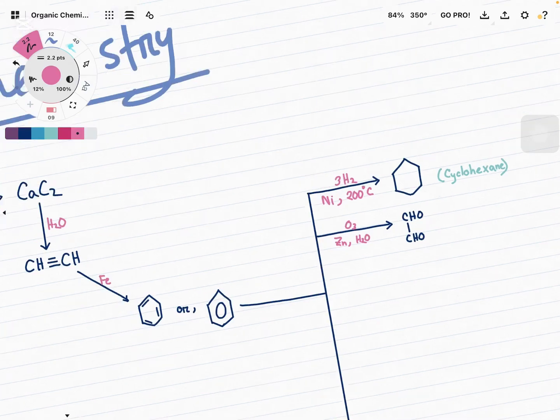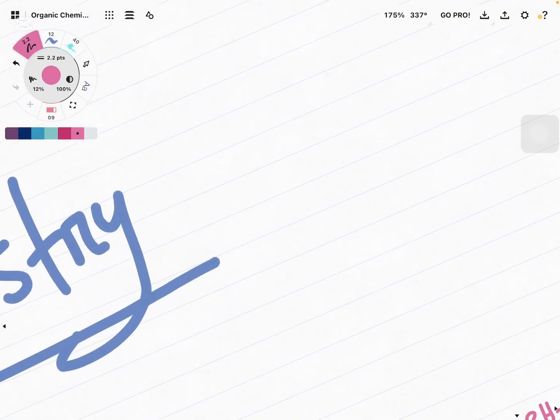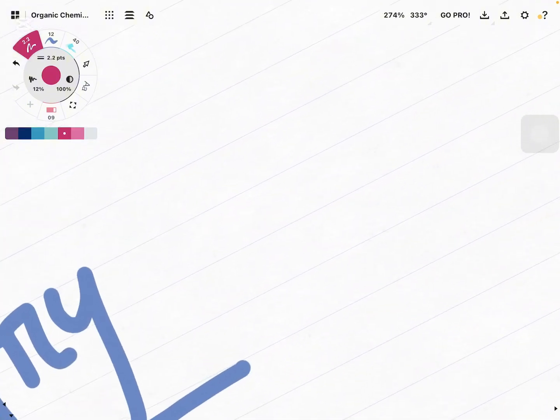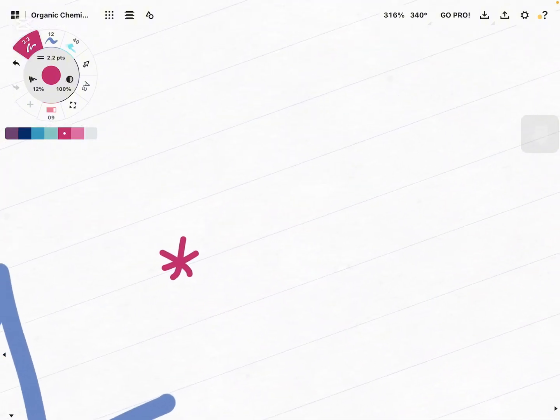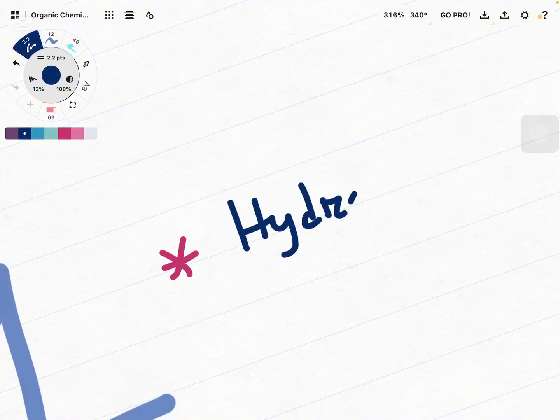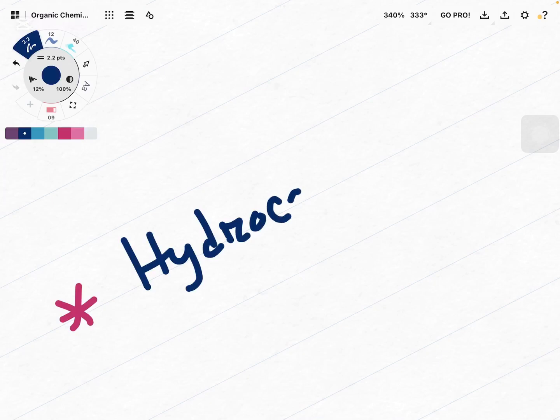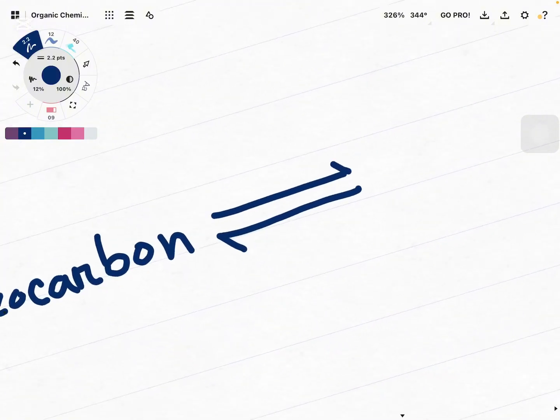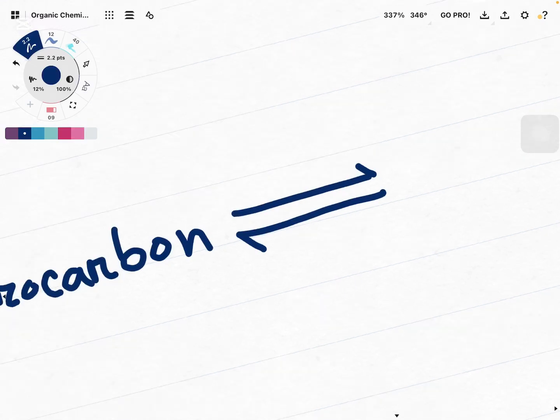So here are some basics which will be needed in our further reactions. We have hydrocarbon, and we can do two reactions there actually.